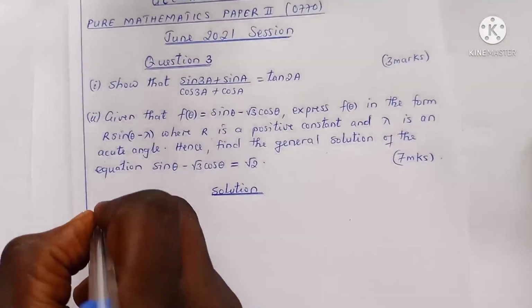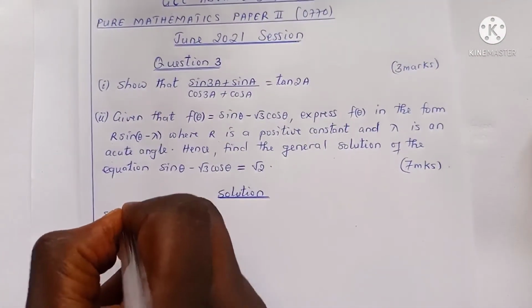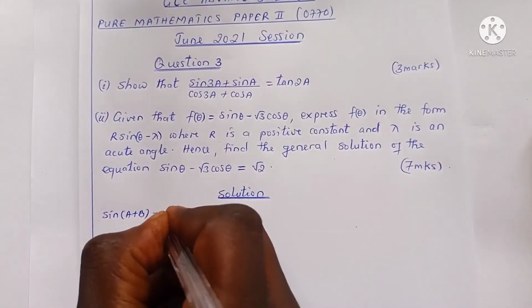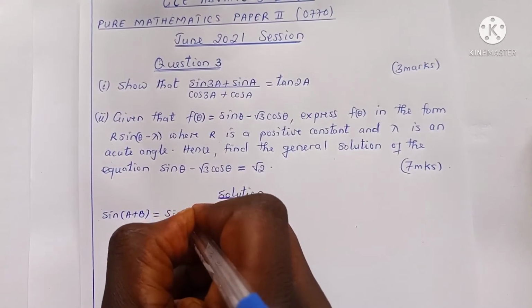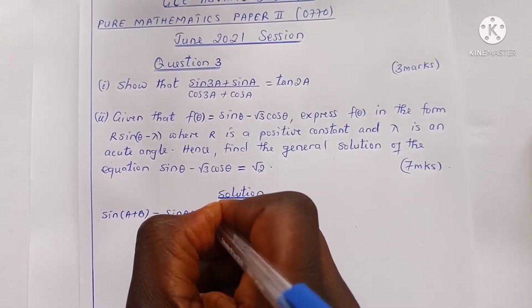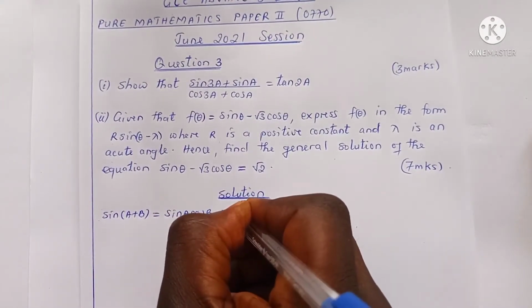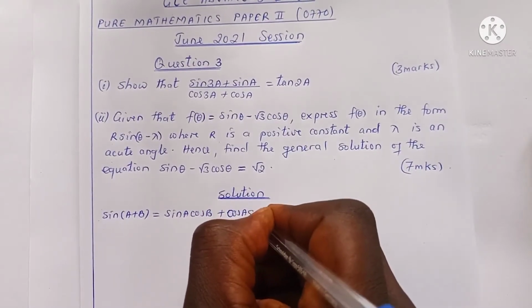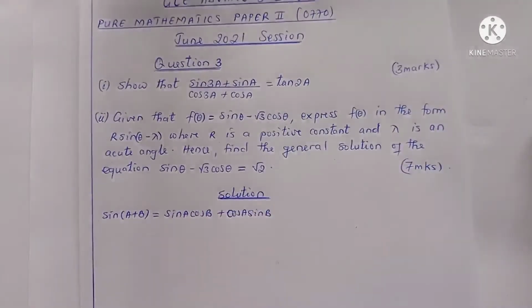We know that the sine of a plus b is equal to the sine of a times the cosine of b plus the cos of a times the sine of b.